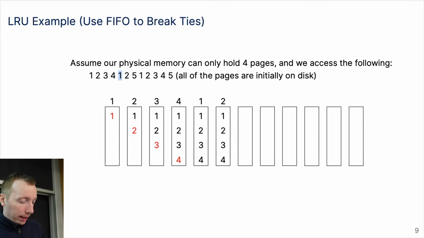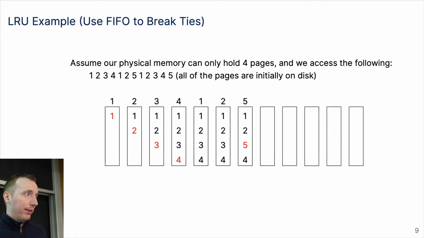And then going back, I also don't want to touch 4. So between 1, 2, 3, and 4, my least recently used is number 3. So I should kick out 3. When I do the access to page 5, I'm replacing page 3. So now in memory, we have 1, 2, 5, and 4.